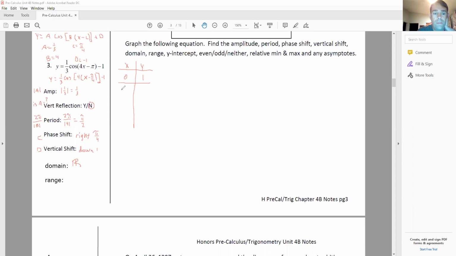This is cosine. Pi is 0. That's pi over 2, sorry about that. Then I get pi, negative 1, 3 pi over 2, 0, and 2 pi and 1.